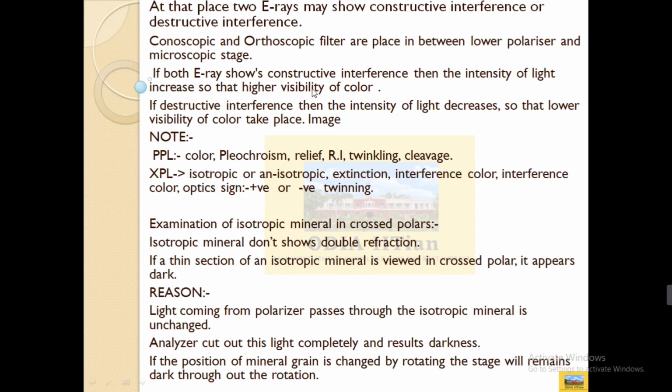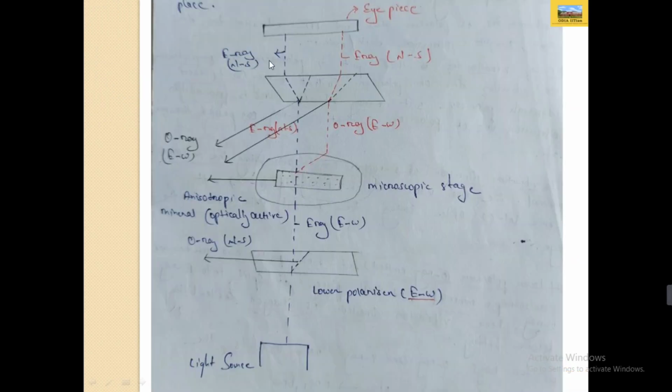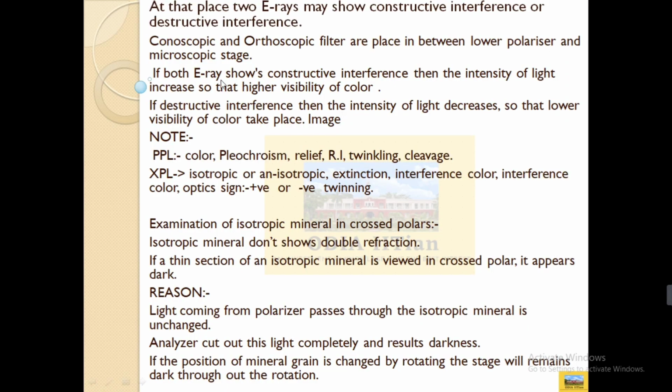In this case the two rays that pass through the eyepiece, if they produce constructive interference, then there is higher visibility. If they produce destructive interference, then the intensity of light decreases, so lower visibility of color takes place in the image. Now these are the important parts.